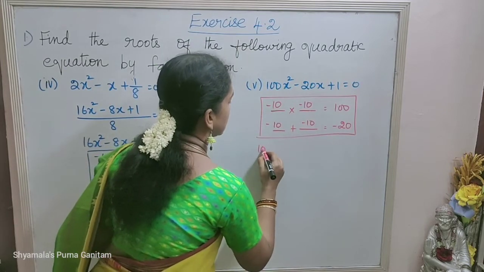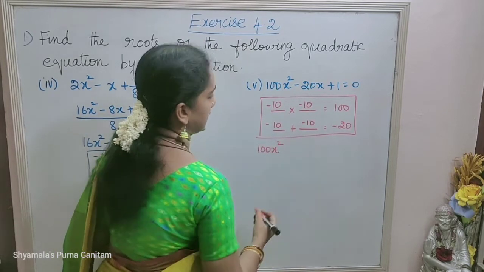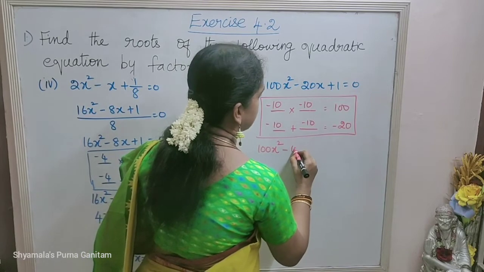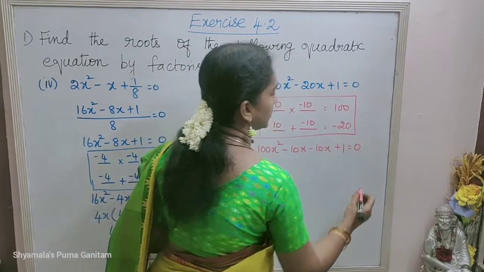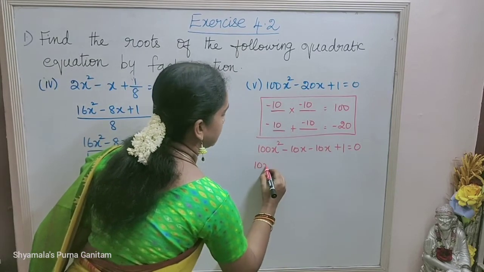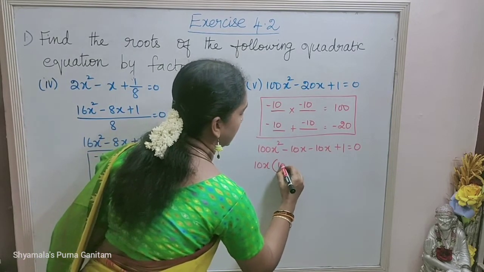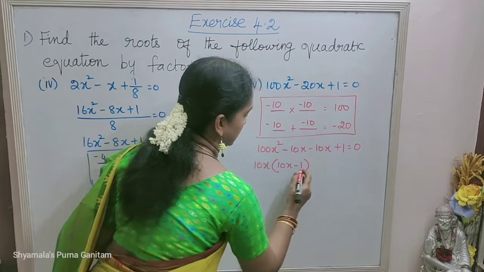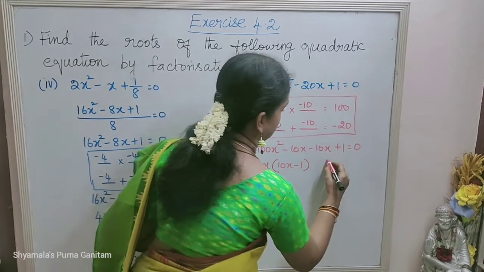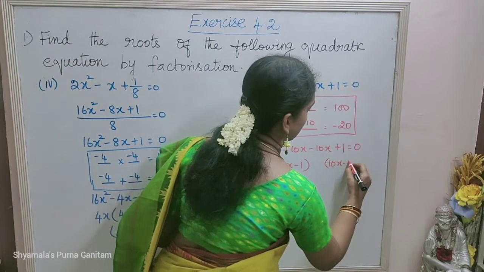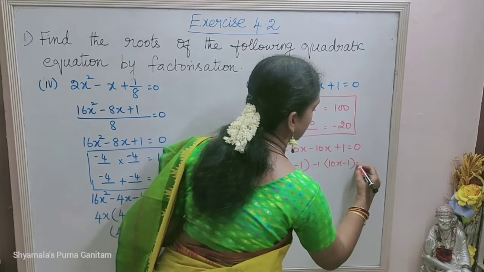Then we will write it in the middle, that is 100x squared minus 10x minus 10x plus 1 is equal to 0. So here if I take 10x out, the balance will be 10x minus 1. 10 tens are 100x squared, minus 10x. So here 10x minus 1, and minus 1 will be outside.